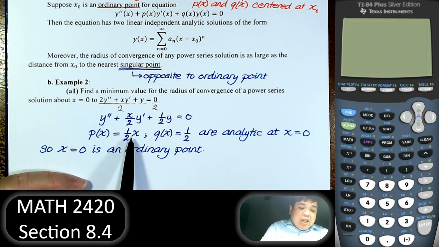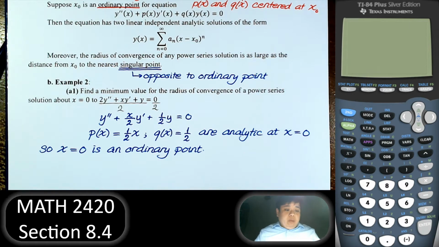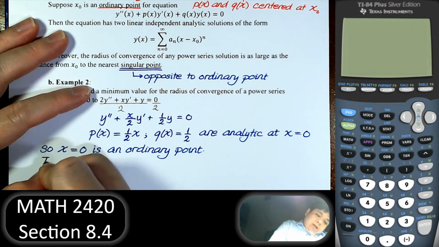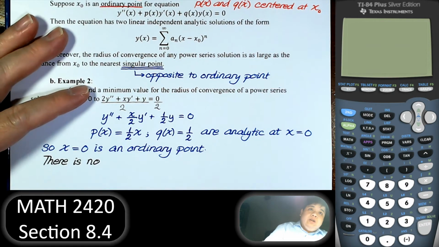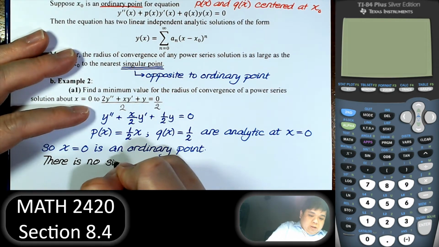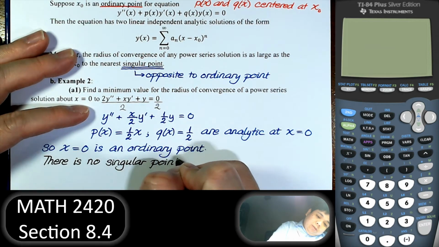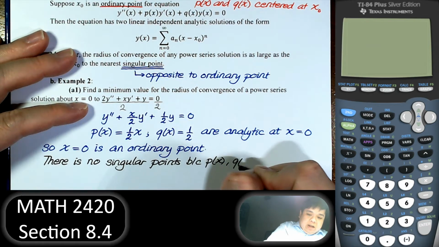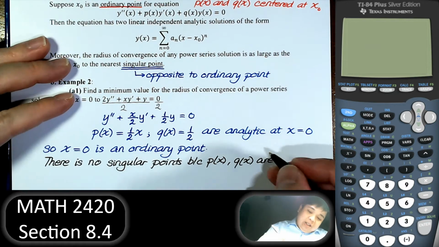Furthermore, there are no values of x that make p of x or q of x undefined, so there is no singular point, because p of x and q of x are defined everywhere, or analytic everywhere.